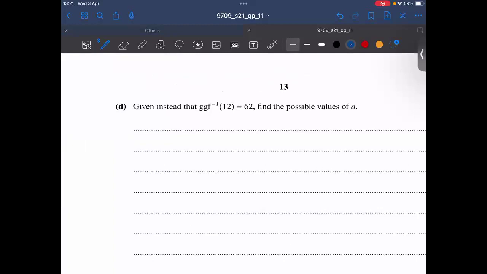Given that we have g of f inverse of 12 equals f of 62. So now here we can move f inverse of minus 12. What you can do is move f inverse to the other side. So you'll be left with g of 12 as f of 62.